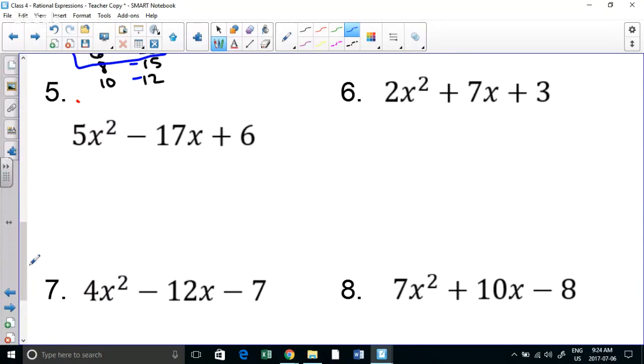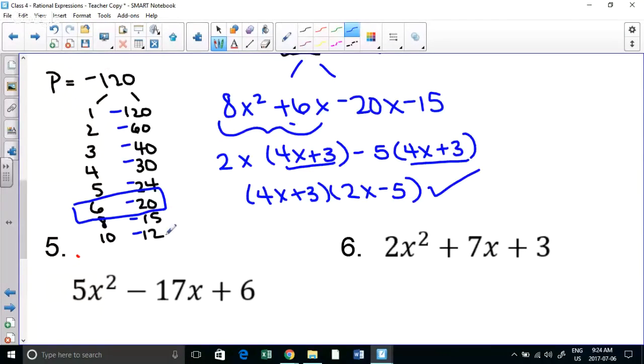Let us try 5 and 6. So I'll give you... Miss, 2 or 3. Yep. How come you chose 6 and 20 for the factors and not 10 and negative 12? Because what do 10 and negative 12 add up to? 10 and negative 12 add up to negative 2, right? Okay.